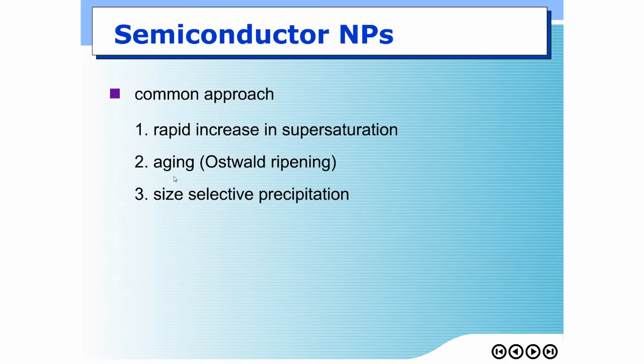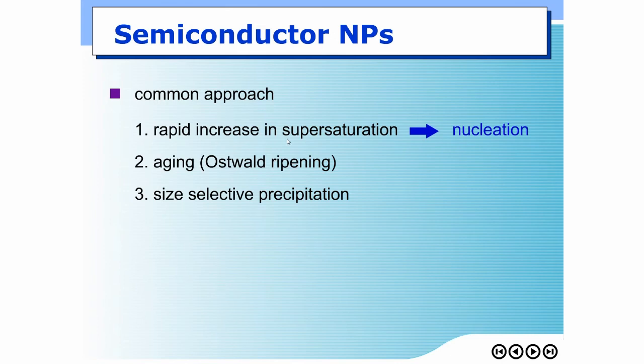The second one is called aging. Aging means leaving the products for a longer period of time, during which Ostwald ripening would occur. And the third one is an additional process to screen the size of the product to get a uniform size distribution.